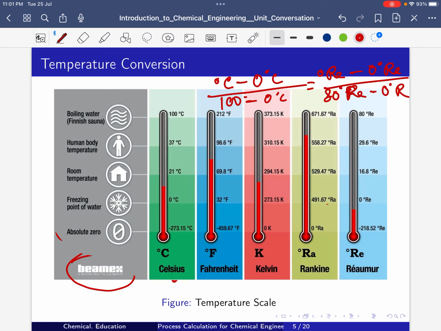Ultimately we will get degree centigrade by 100 is equal to degree RE by 80. So degree centigrade will be degree RE into 100 by 80, means 10 by 8 or 5 by 4. So degree centigrade is equal to degree RE into 5 by 4. That way we can formulate the equation.